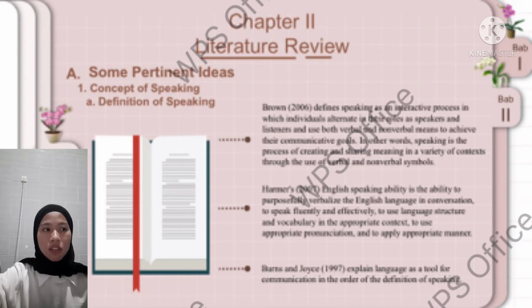In other words, speaking is the process of creating and sharing meaning in a variety of contexts through the use of verbal and nonverbal symbols.